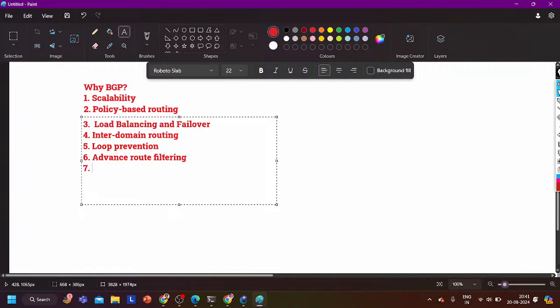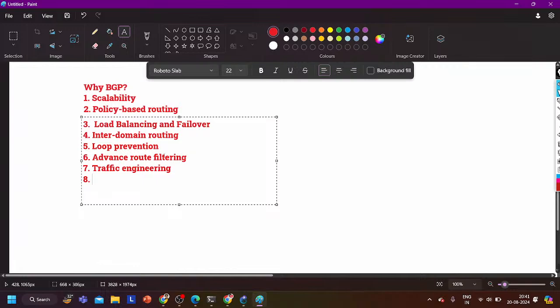Next, the seventh reason can be traffic engineering. You guys are not familiar with traffic engineering, right? But when you learn traffic engineering, you will see BGP is much more flexible with traffic engineering as well. Traffic engineering means engineering the traffic in the network. Eighth reason can be, see, redistribution is a very slow process, guys.